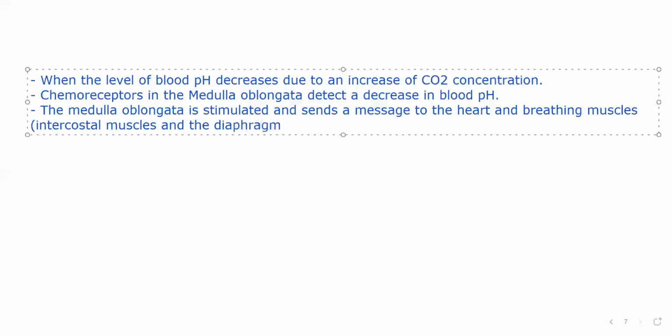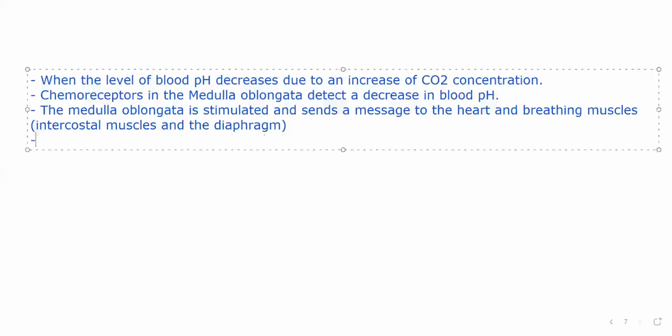Muscle of the diaphragm. The diaphragm is that sheet-like muscle that separates the thoracic cavity from the abdominal cavity just below the lungs. So the message is sent to the heart and breathing muscles, which are the intercostal muscles and the muscle of the diaphragm. And what does that message do to the heart?